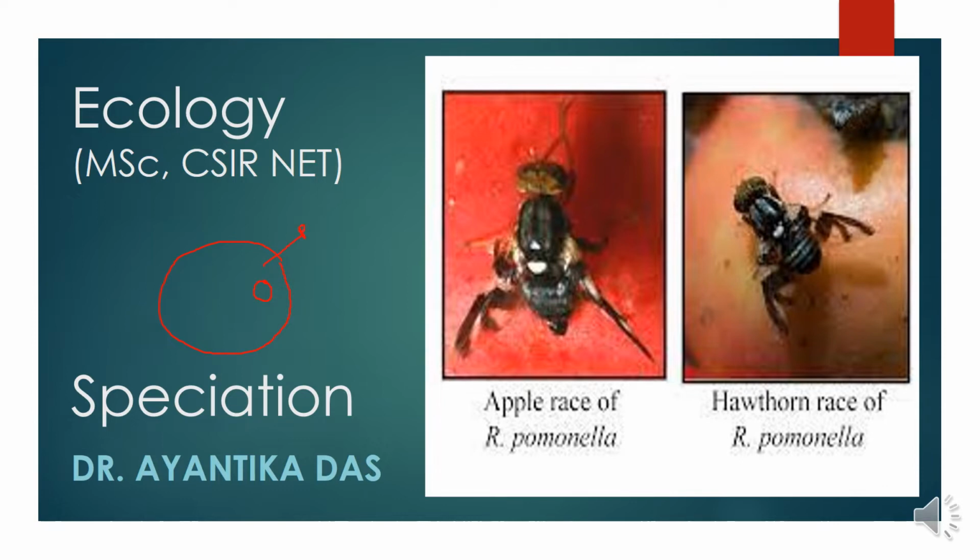Then this new population of the same species that has unique characters also develops reproductive isolation. Thus the new species of organism is formed from the parent species. So this entire is the parent species, and this one is the new species. This is how new species or speciation occurs.